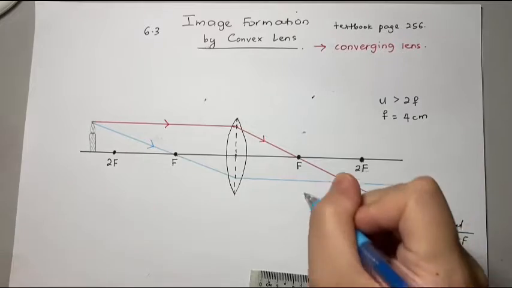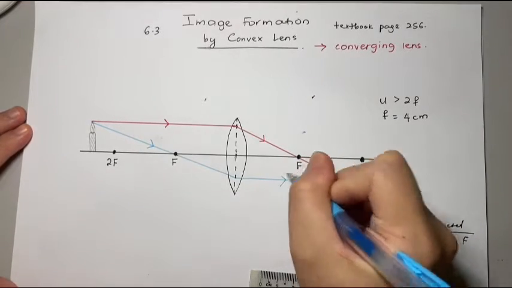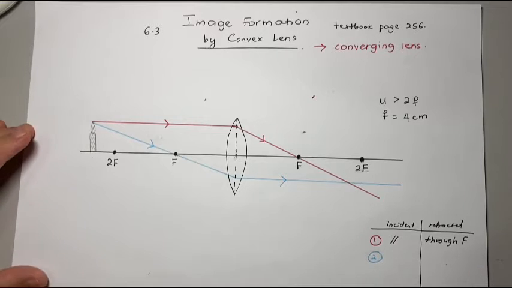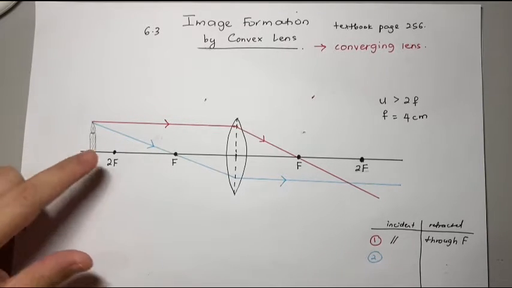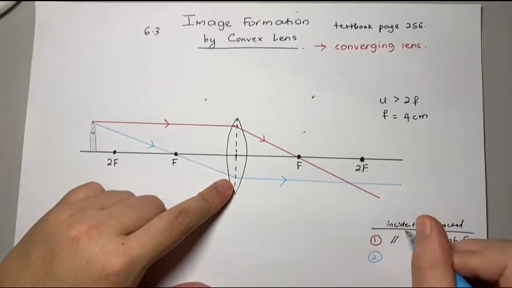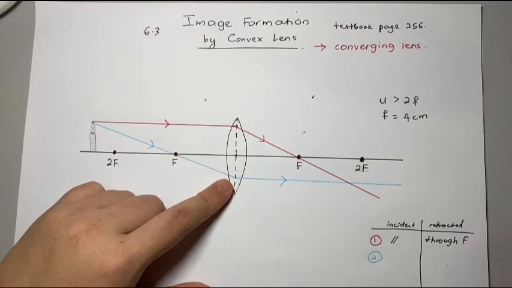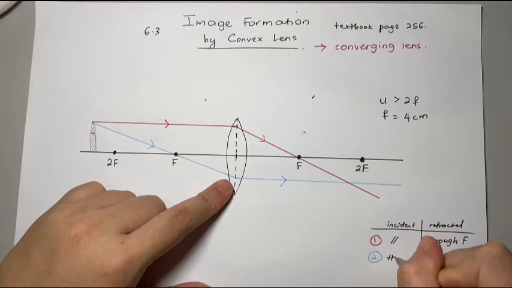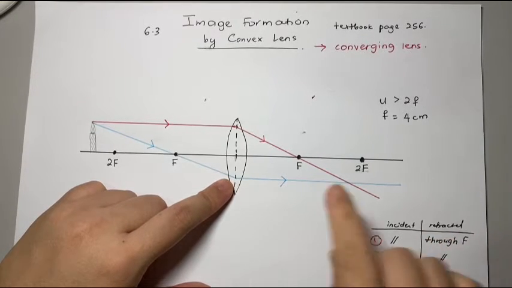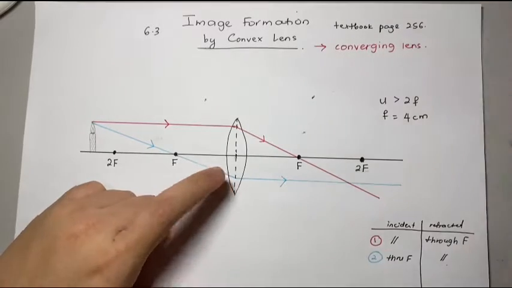Right? Do not forget your arrow, because arrow will show the direction of the light ray. Right? So my second ray, the blue ray, it was through F, and then refracted parallel to my principal axis.